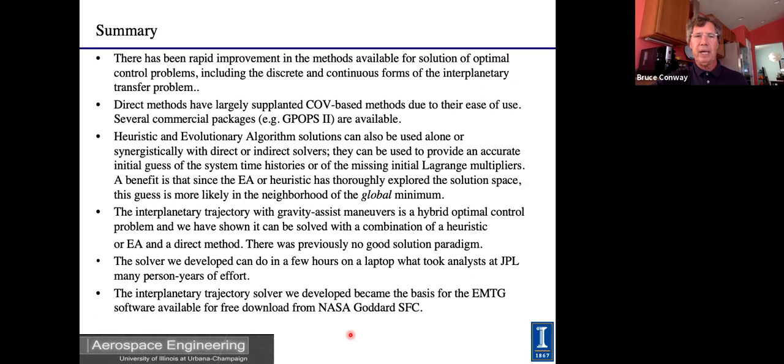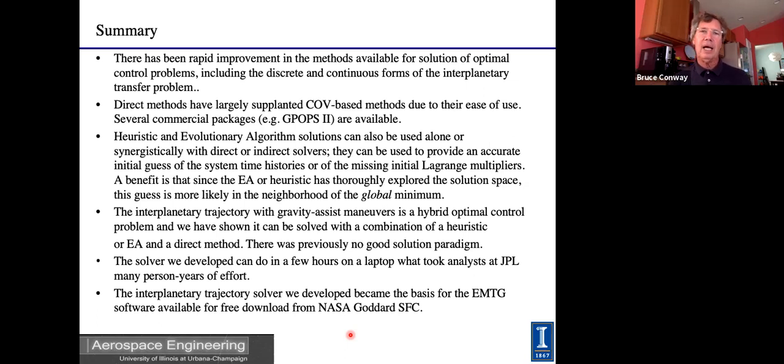In fact, one of my PhD student colleagues at Stanford, working with the same advisor, wrote his entire thesis, and there's a long paper in the Journal of Guidance, Control, and Dynamics, on a method for coming up with the initial Lagrange multipliers to solve that 2-point boundary value problem for a low thrust transfer. So that was how complicated it was. Now you could almost say that it's relatively easy.